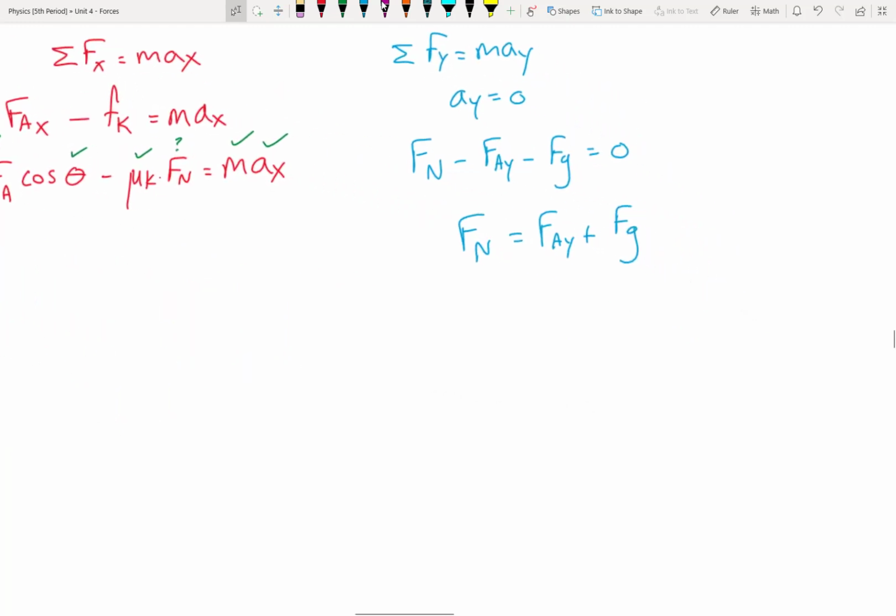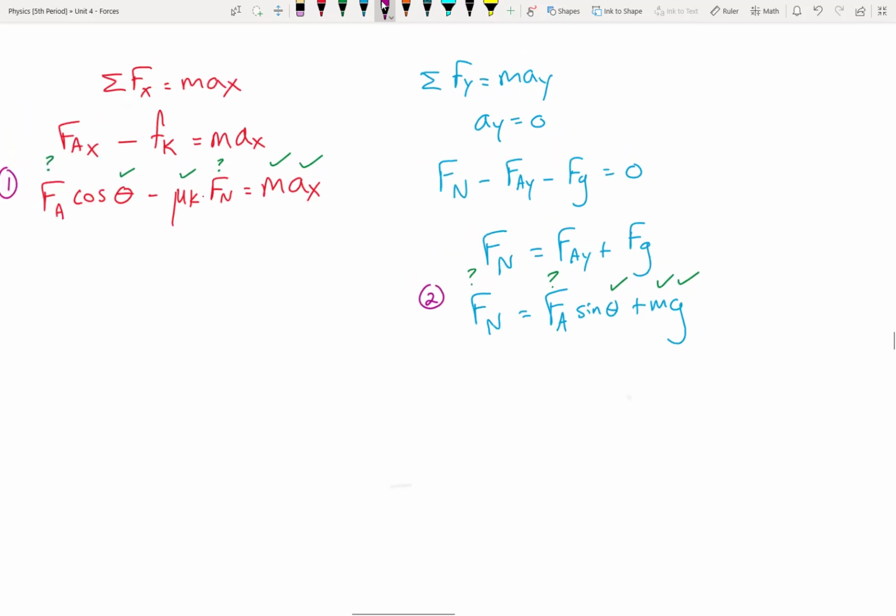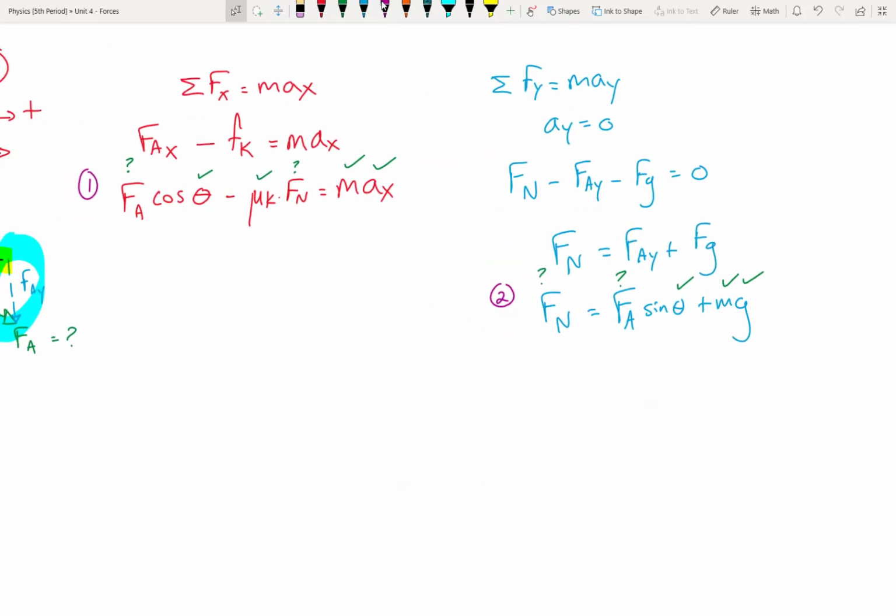And so we can get more specific like we showed in the previous part of the question. This is Fa sine theta plus mg must be equal to the normal force. And we went through and we said, okay, we don't know normal force, we don't know applied force, we do know theta, we do know m, we do know g. So we've got a second equation now with the same unknowns, and we can solve that system.